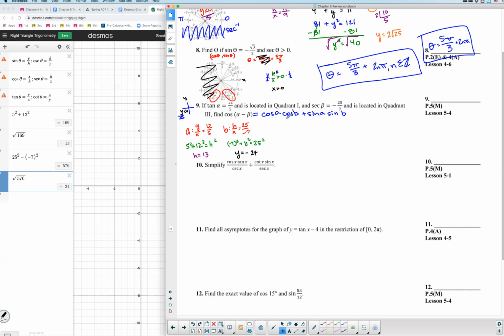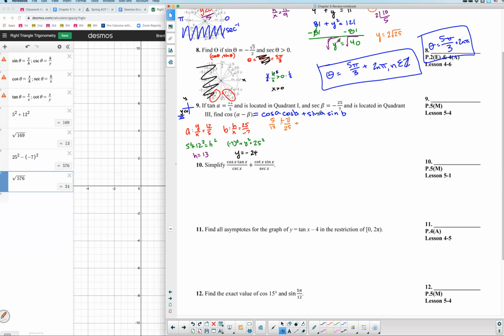So now how does that help me solve here? Well, let's do a little substitution. Cosine of a means I'm taking x and h from a over here. So x is 5, h is 13. So it'll be 5 over 13 times cosine b. I take my x over my h, which is 25. And I don't want to mess this up. It's multiplying a negative here, so let's put that in parentheses.